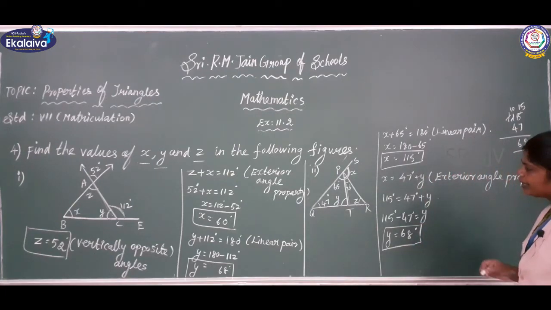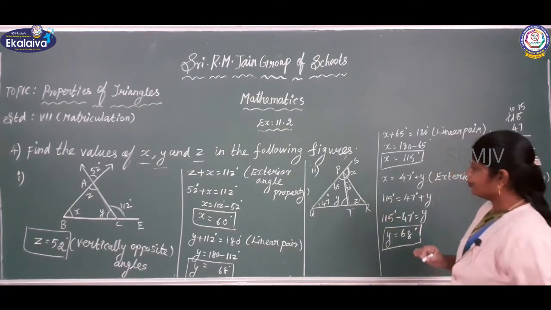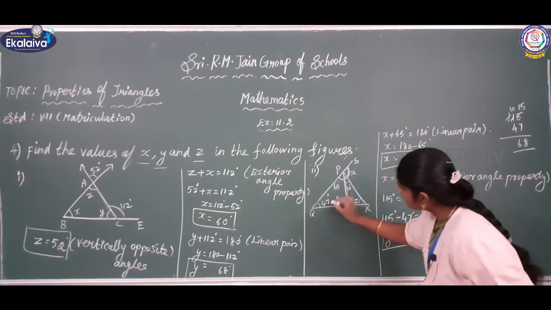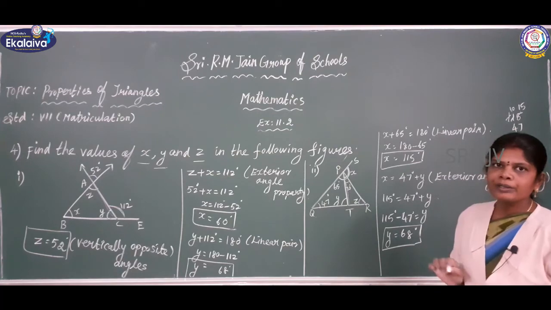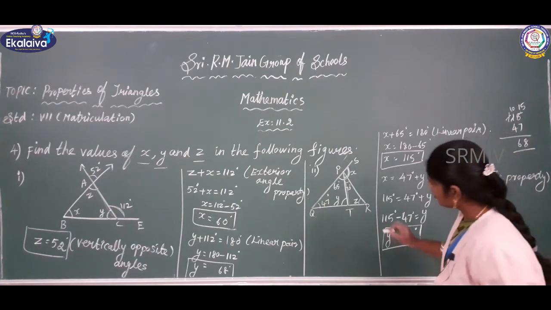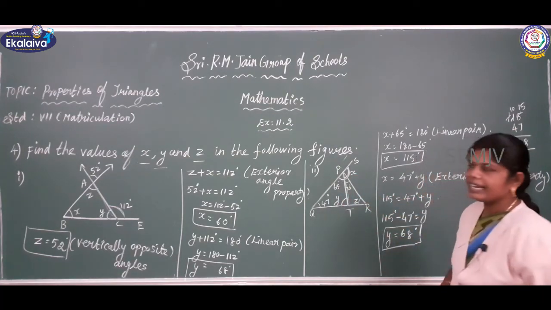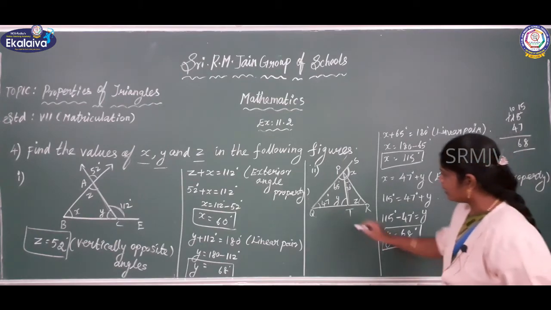Next we need to find out the z value. So look at here, PQR is a triangle. So I am going to use the angle sum property here. When we add all the three angles we will get 180 degrees.